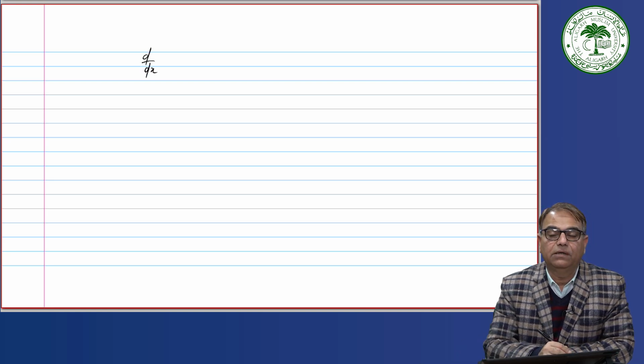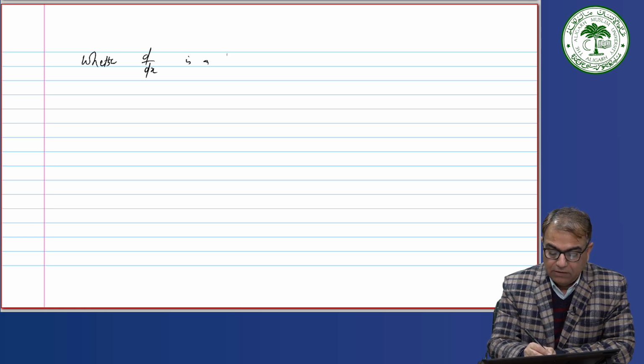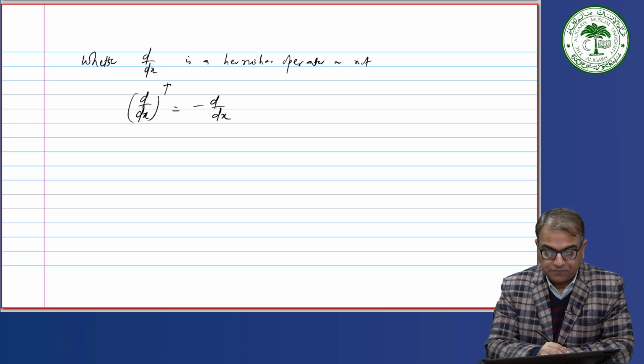If somebody asks you whether d/dx is a Hermitian operator or not, that's very easy. You have to find out d/dx dagger, and it will be minus d/dx. So we say it is an anti-Hermitian operator.